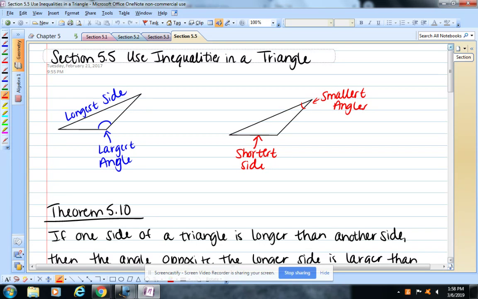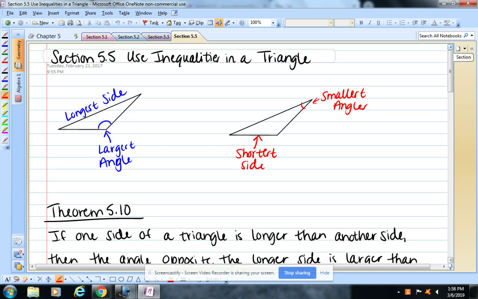Something that's really cool about triangles is the largest angle is always across from the longest side. The largest angle is always across from the longest side. Always. That's pretty cool. And the smallest angle is always across from the shortest side.